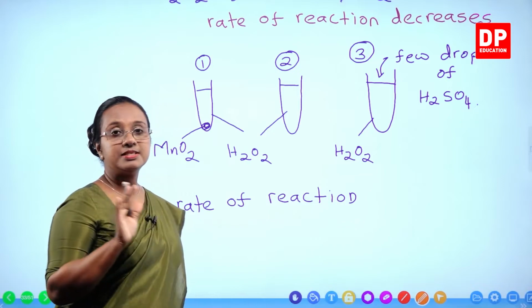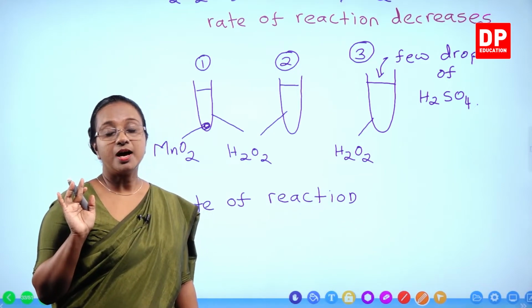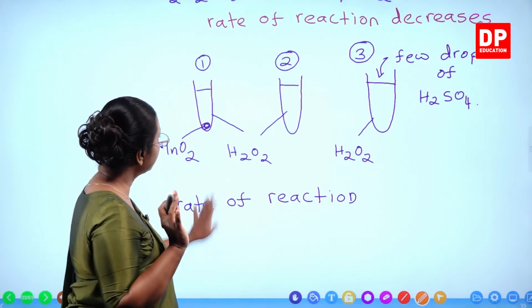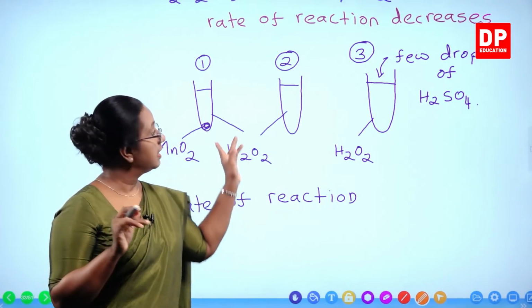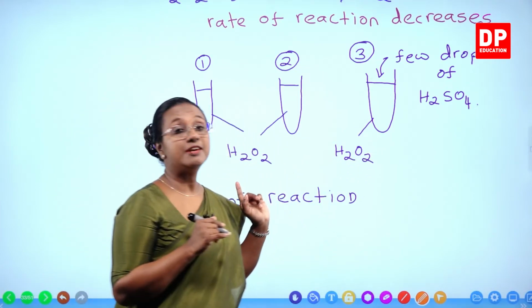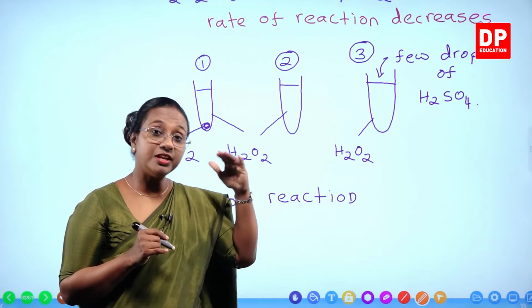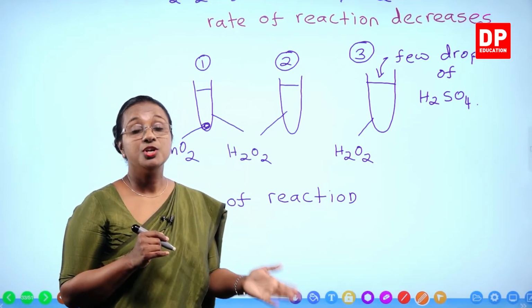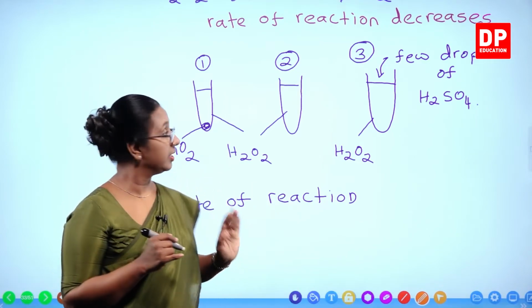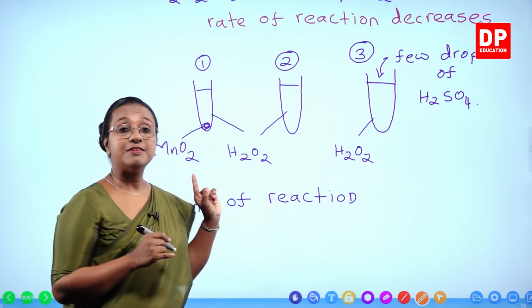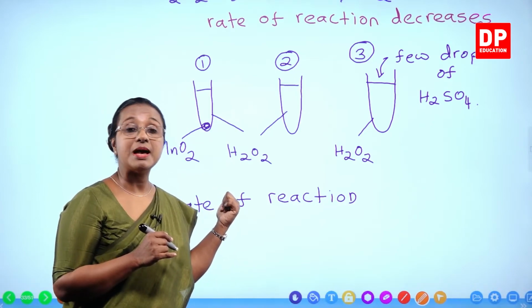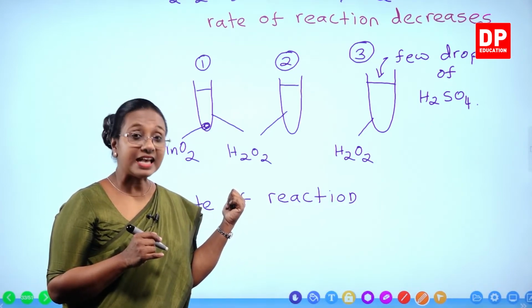Test tube 2 is just a hydrogen peroxide solution, so it will slowly react. But for 3, we have added a few drops of sulfuric acid. So it inhibits the reaction and reduces the rate of reaction. So the reaction becomes slower. Whereas in the first one, we have added manganese dioxide, that is a catalyst.